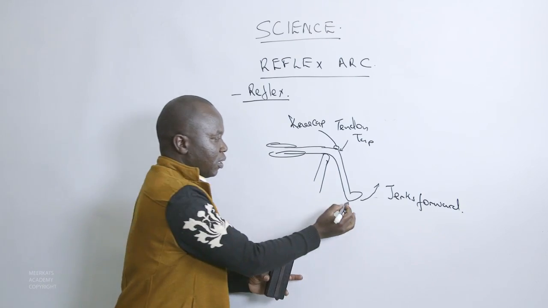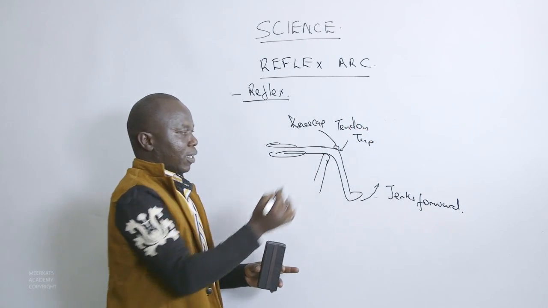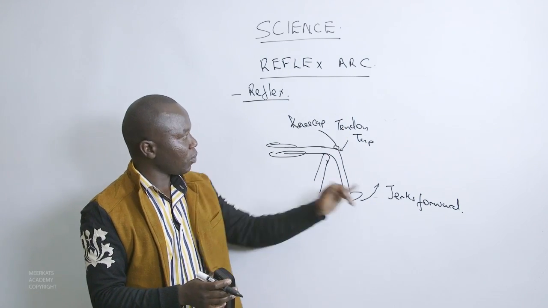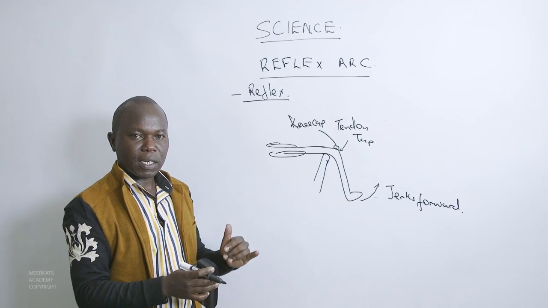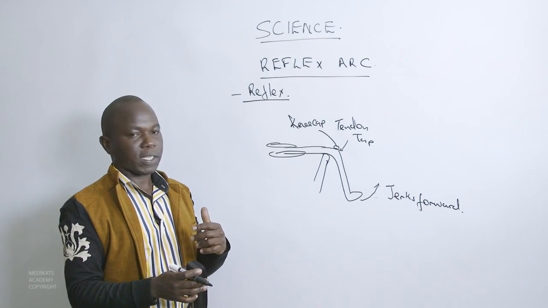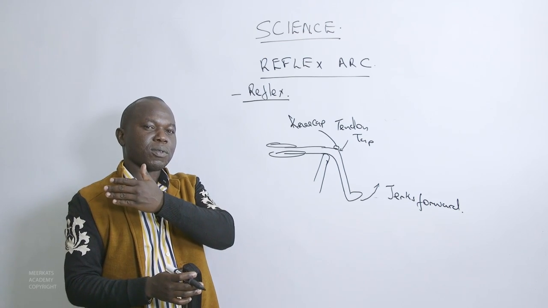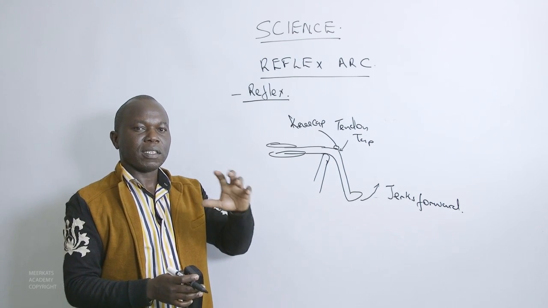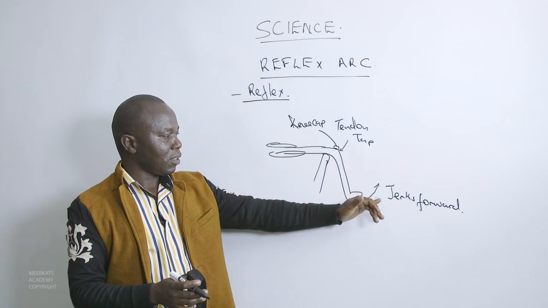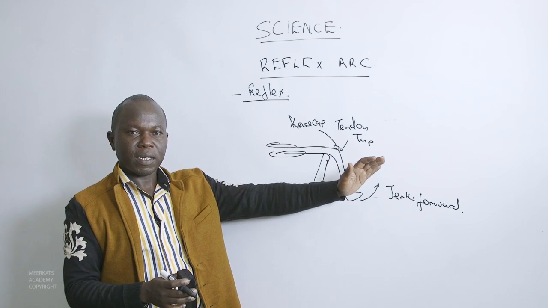When they contract, the lower limb is going to jerk forward. So we call that a knee jerk reaction. So we have seen examples of reflex. You pass a book across the face, somebody will blink. You do this experiment, the leg is going to jerk forward.